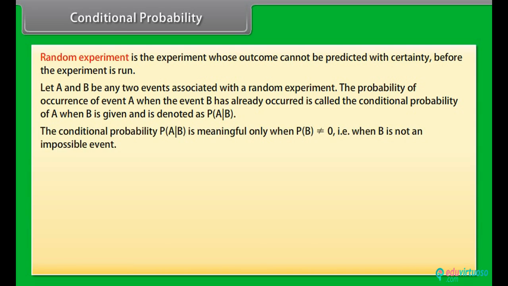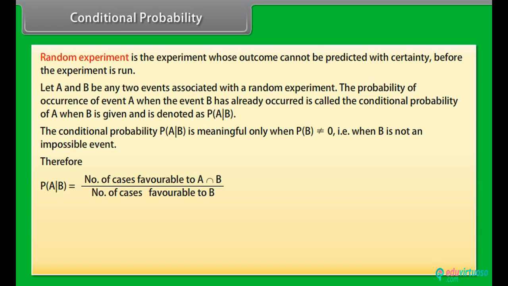The conditional probability of event A when event B is given is meaningful only when probability of event B is not equal to 0. That is, when B is not an impossible event.